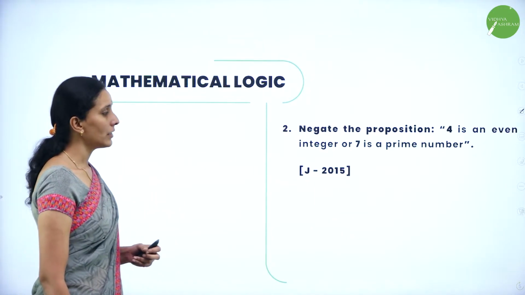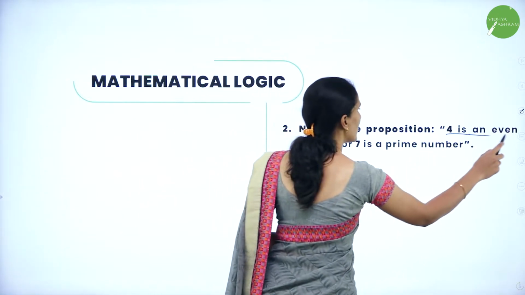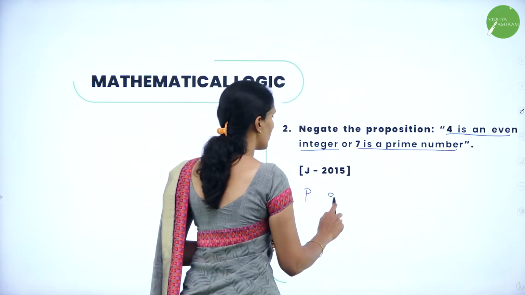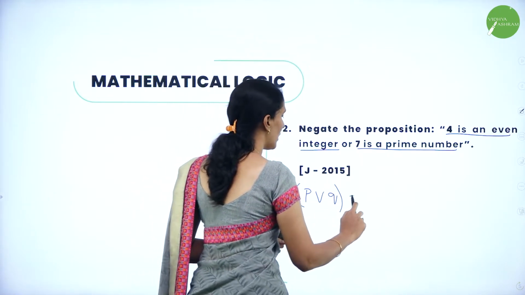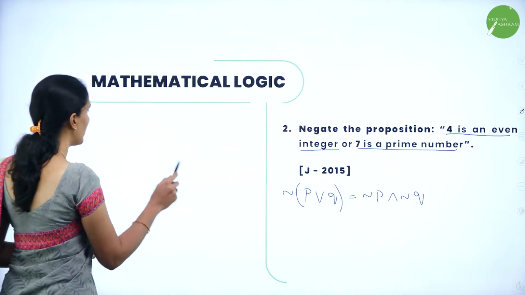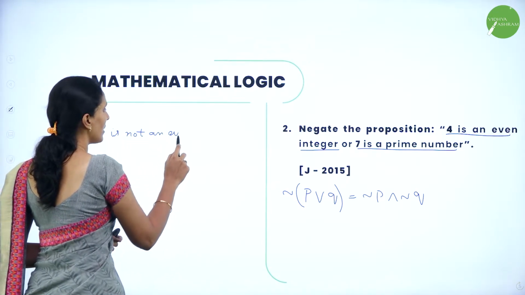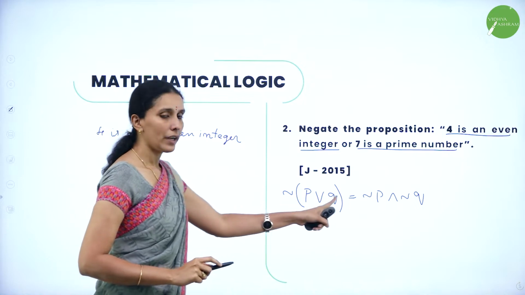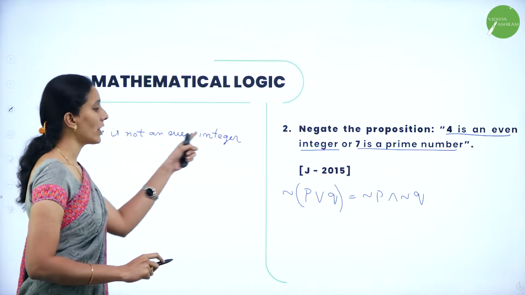Next, negate the proposition 4 is an even integer or 7 is a prime number. So take 4 is an even integer as P and 7 is a prime number as Q. So we have negation of P or Q. Whenever you are negating P or Q, that is equal to negation P and negation Q. So therefore here the statement changes to 4 is not an even integer, because negation of P or Q is negation P and negation Q. So you have to negate the statement P, 4 is not an even integer.